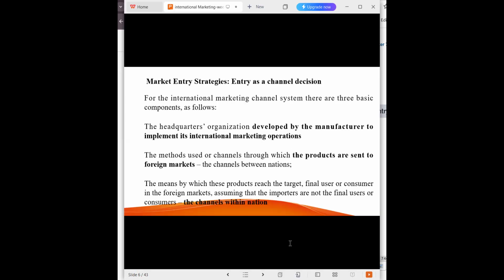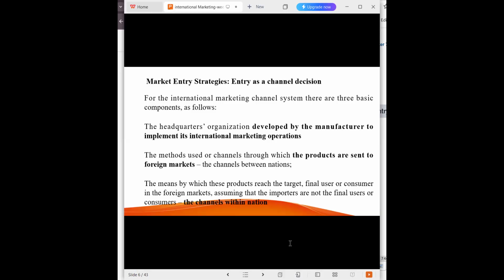So let's look at another point. We're still under entry as channel decision. And here it is saying that for international marketing channels, there are three basic components. First, the headquarters organization developed by the manufacturer to implement its marketing operation. Second, the channels through which your products are sent to the foreign market, that is channels between nations.